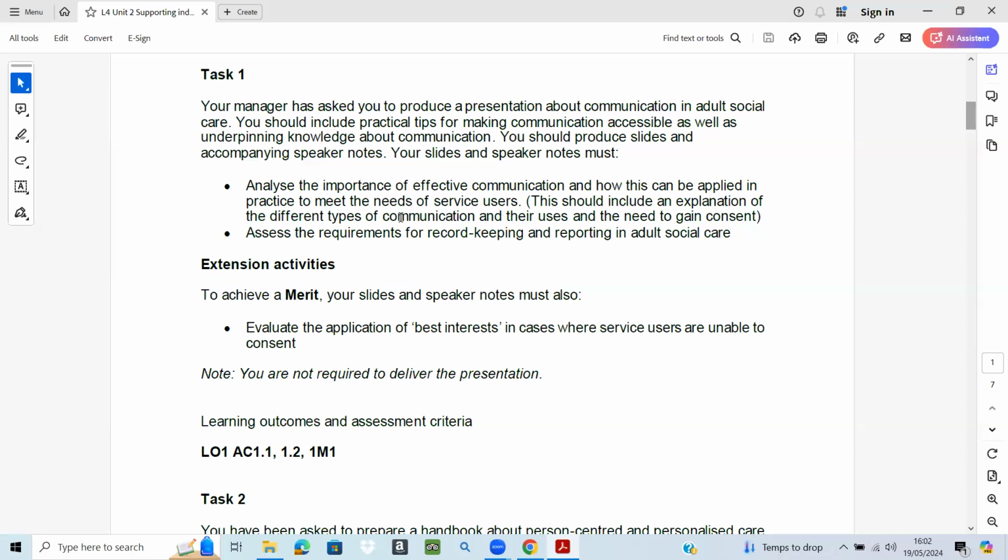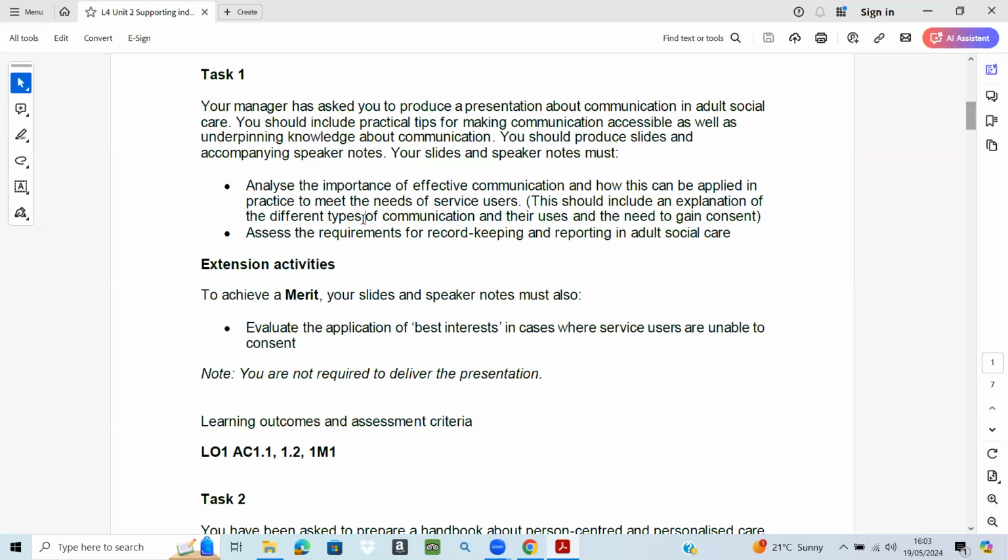Then the important aspects are in finding the important points. So we look for the important keywords. For example, here, if I see it as a student, then the importance of effective communication, I believe, is important. Then how this can be applied in practice to meet the needs of service users. Then explanation of different types of communication.